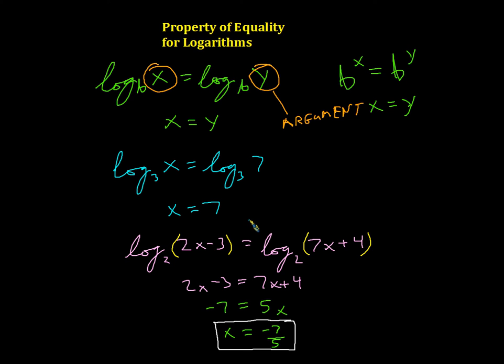You have to throw it away. You might recall extraneous solutions from when we talked about rational expressions. If you had an expression like 1 over x minus 3 equal to 13 over x minus 2, and x ended up equaling 2 or 3 as our solution, we'd have to throw that solution away. We called it extraneous.